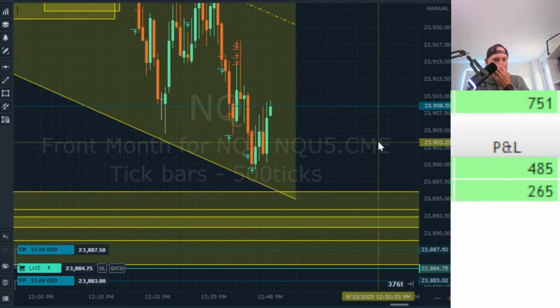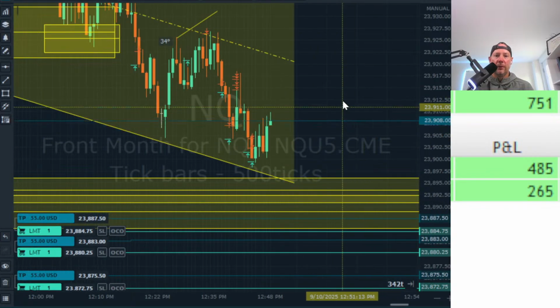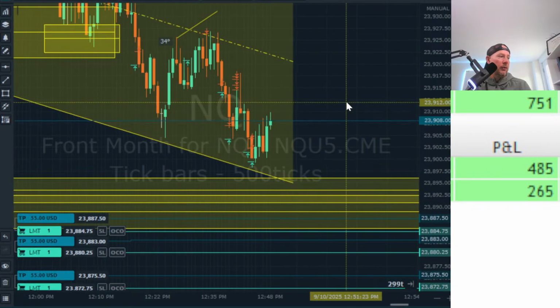Well, let's look for another setup. Okay, we got one fold. Let's wait for the second fold, which is gonna trap the sellers.